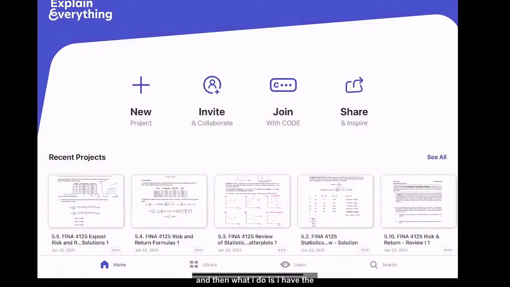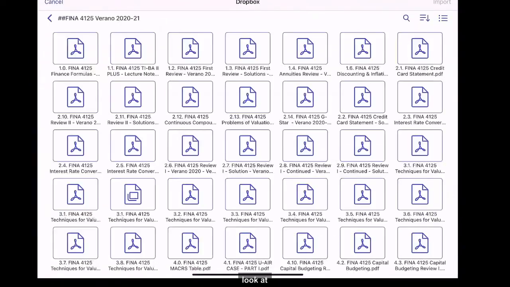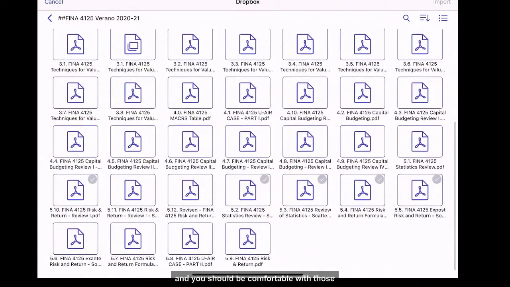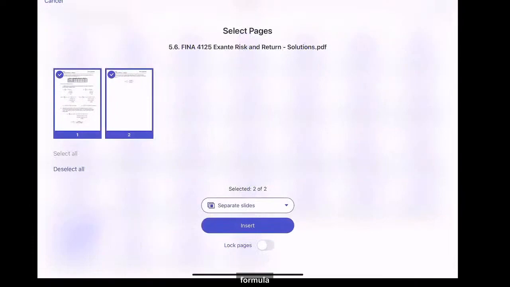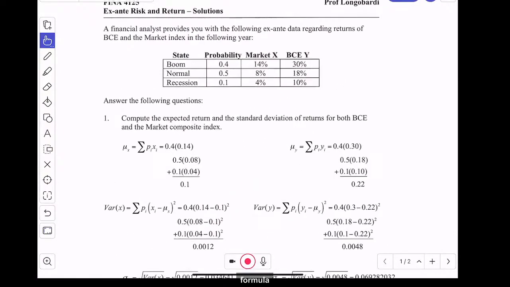And then I have the solutions for the ex-ante data, which you should look at. And you should be comfortable with those formulas. And solve all of these. You can do this manually. If you just stick with the columns, I tried to line up these columns, but it doesn't look so good.